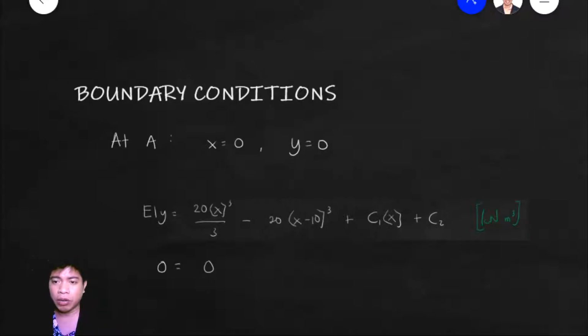Okay? So hindi natin siya isasama sa computation kasi magiging negative 10 ito. Then plus, okay, dito tayo. 0 si x, so magiging 0 yung buong term na to. Tama ba? And then plus C2. So, obviously, yung ating C2 is equals to 0. Okay? So nakuha na natin, guys, si C2.